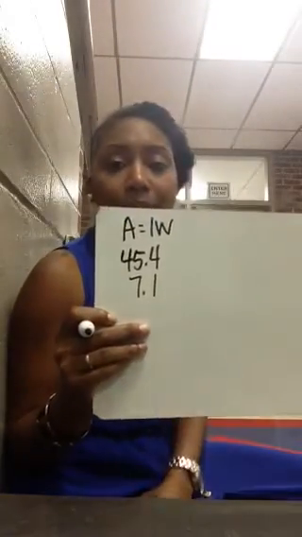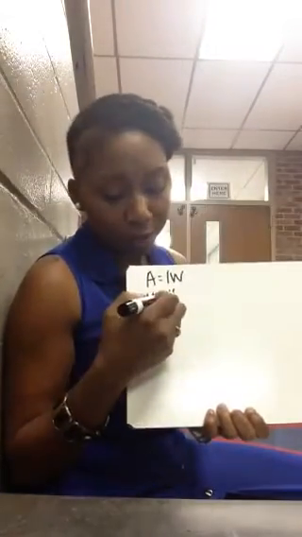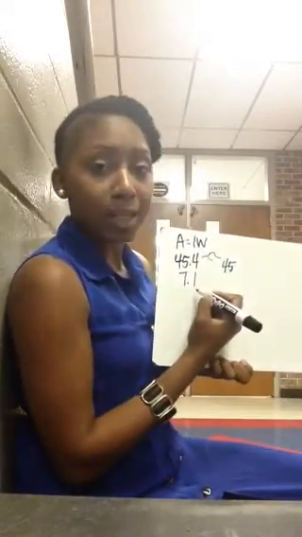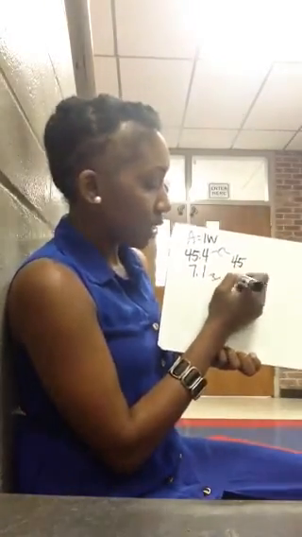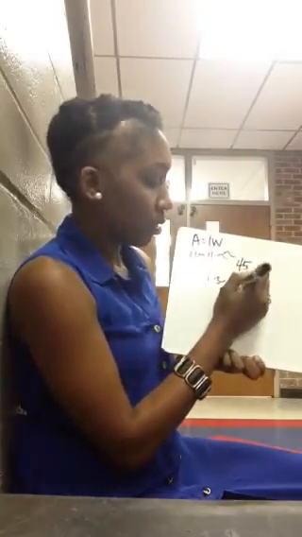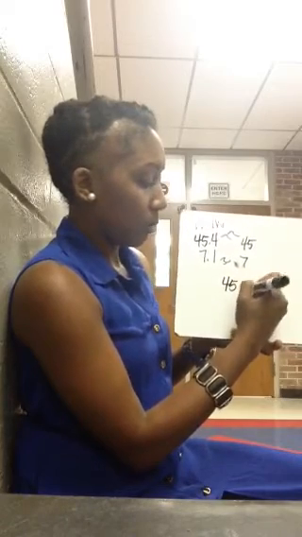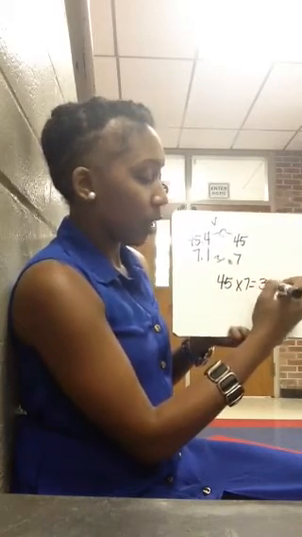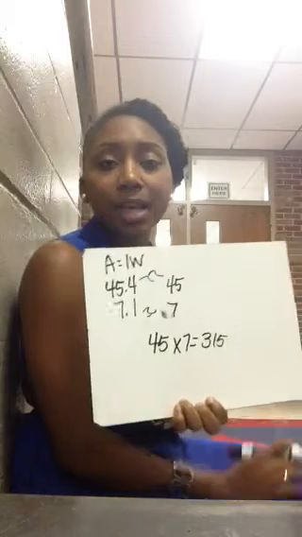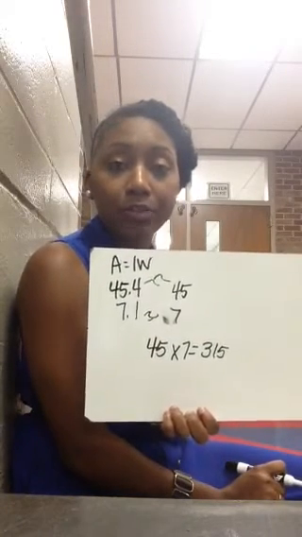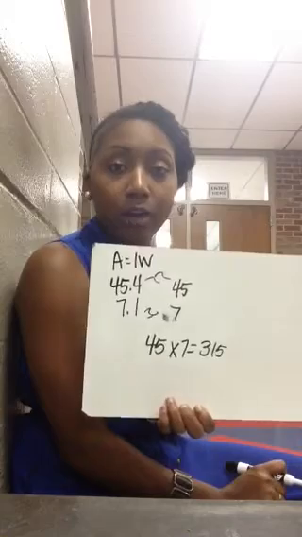What we're going to do is estimate those values. 45.4 is about 45 feet and 7.1 feet is about 7 feet. If I multiply those two, 45 times 7, I get 315. So that's telling us that our answer should be about 315 feet squared as the area of her flower bed.